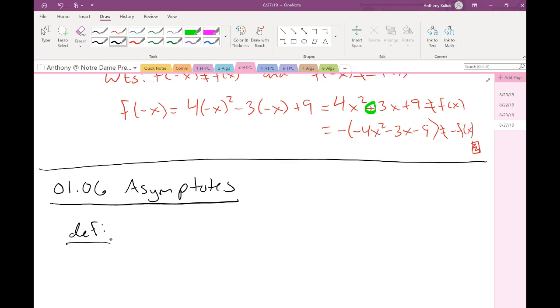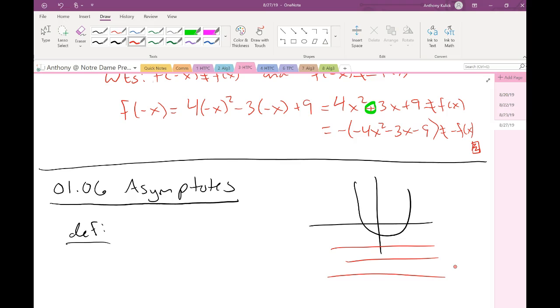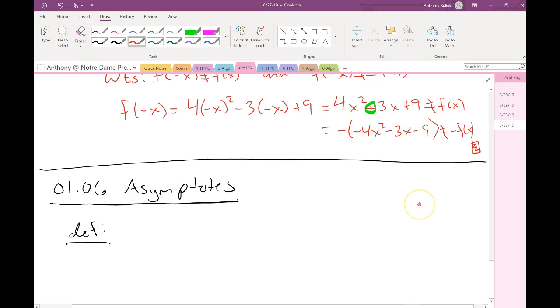Because it has to be one where the graph is getting very close to it. I can't just say something's an asymptote just because it doesn't cross it. So if I have a parabola, those aren't horizontal asymptotes because the graph never crosses them, but it doesn't approach them either. So you need both approaching and not crossing or touching. But that's good.